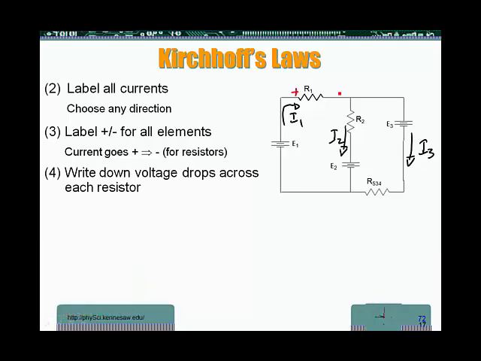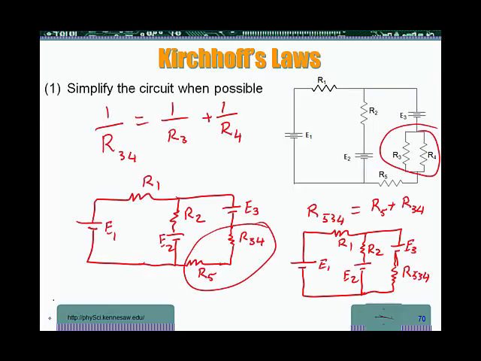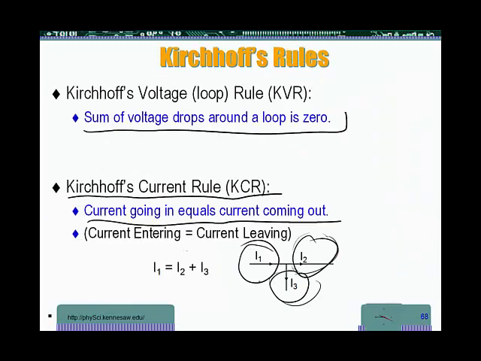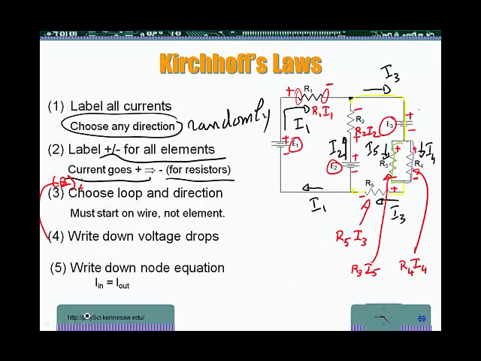Plus here, minus here, minus here, plus here, minus here, plus here, minus here, plus here, plus here, minus here. And actually I think I chose I2 a different direction, so let me go back to make sure to stick to what I did. I had I2 going up, so I'm going to change that.